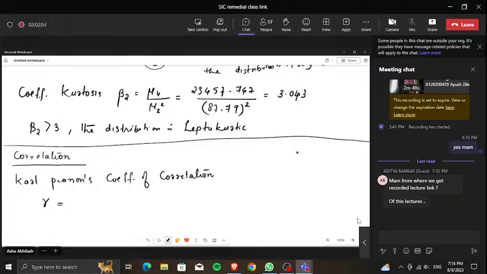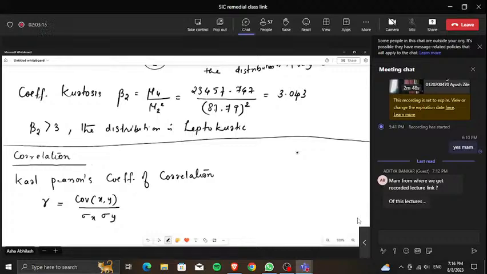So r you can find by using the formula covariance of xy divided by sigma x into sigma y. Sigma x and sigma y are the standard deviations of the x variable and the y variable. Okay.